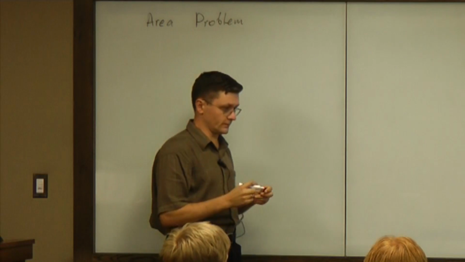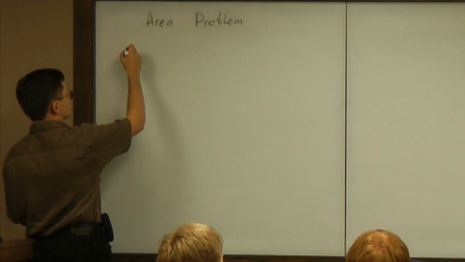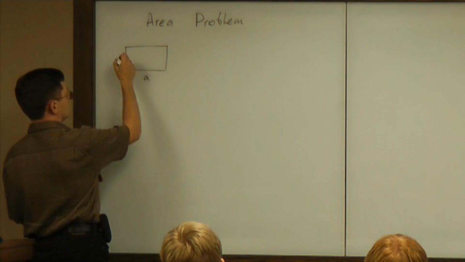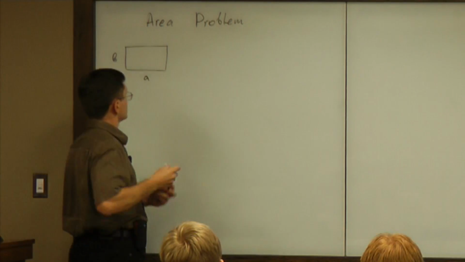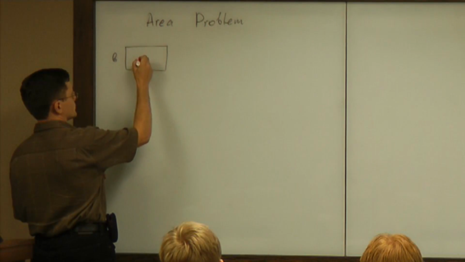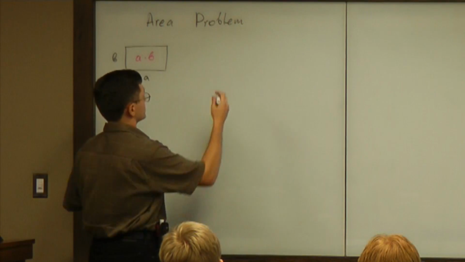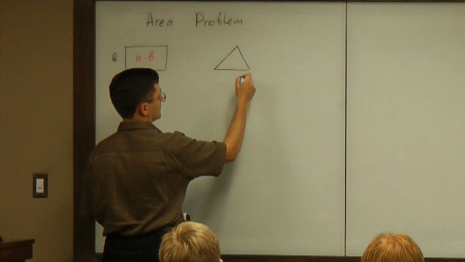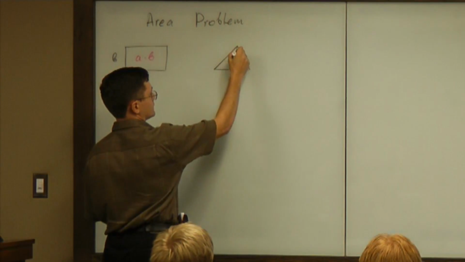So the shapes on the plane that we know the area of are going to be, of course, those simple shapes like rectangles, when we know the area is the product A times B. We also know the area of a triangle, and then we compute it using the base and the height.